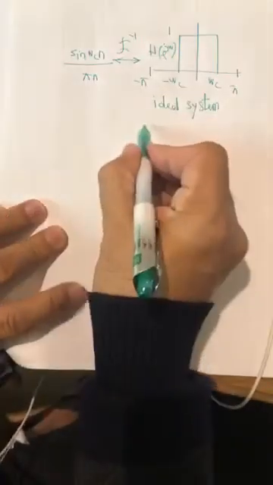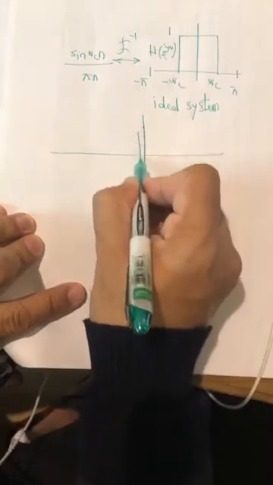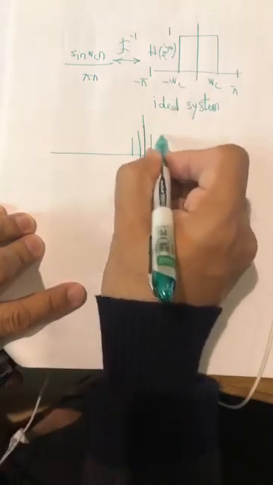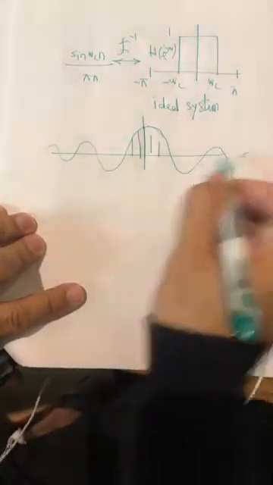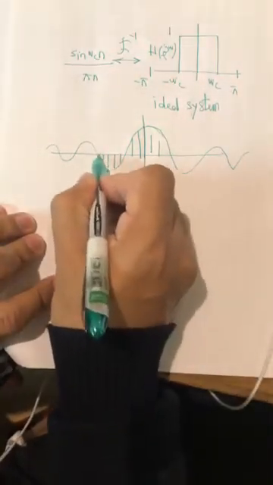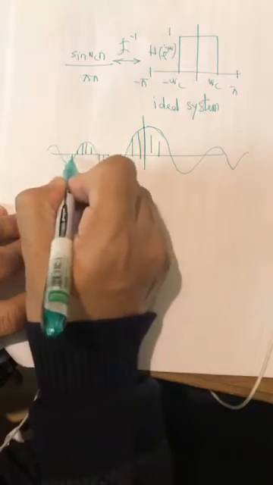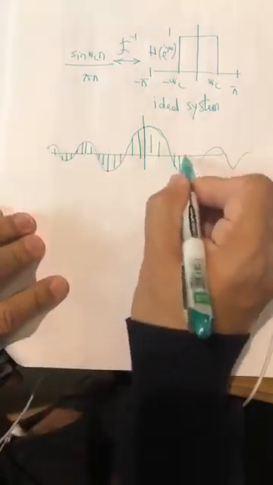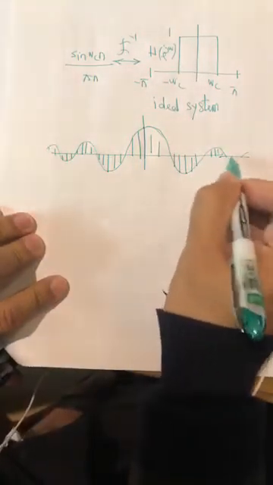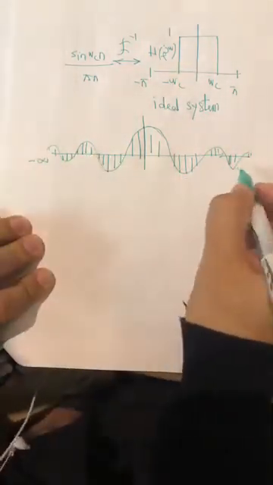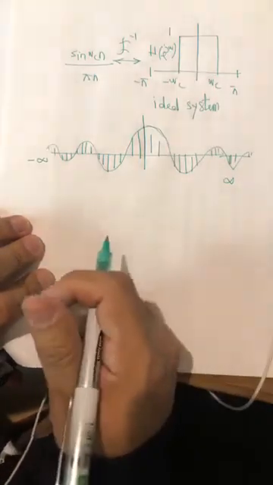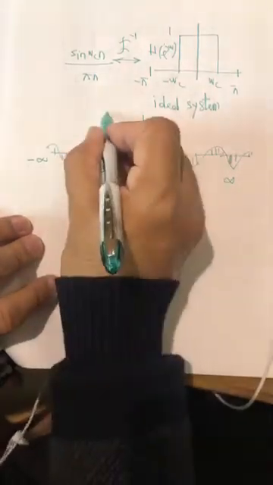Let me plot sine omega c n over pi n as well. It is primarily a sinc that goes from minus infinity to infinity. It is a sinc function. This is the impulse response.